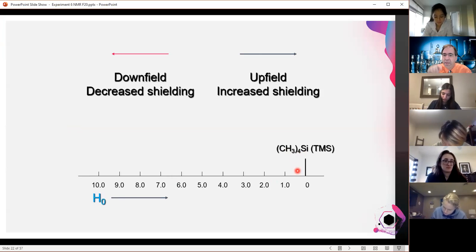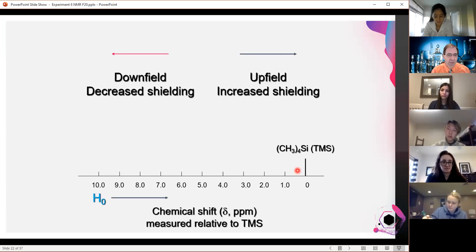So we can put it in with other samples, and then the computer can find its signal and then measure everything relative to it. So it's essentially unreactive, which made it a really good standard to use. It's also pretty cheap. That's also a good reason to use it. So we put a little bit of TMS in with the sample, the computer finds it, and then measures everything relative to it. Right? So then the chemical shift, in parts per million, is measured relative to the TMS.